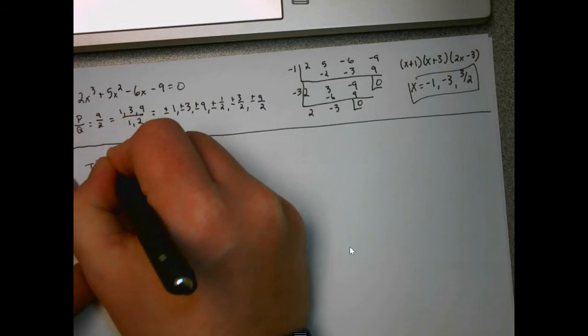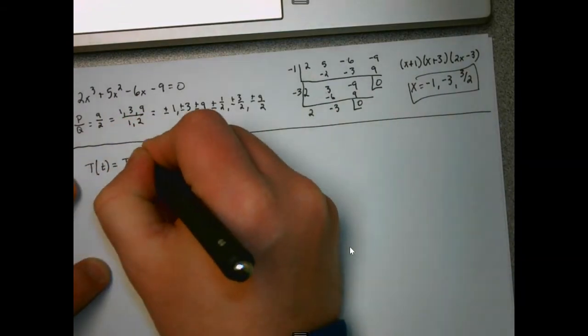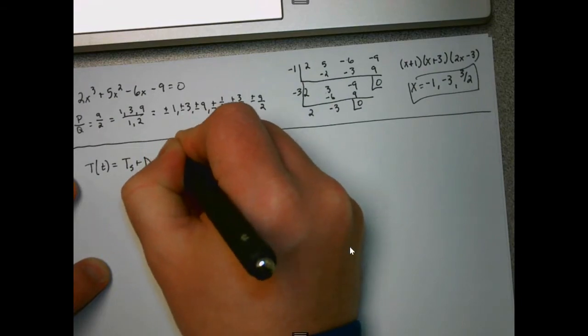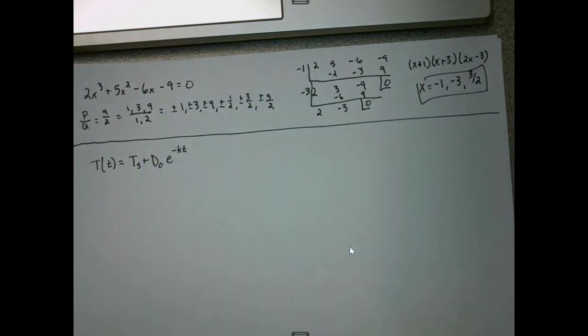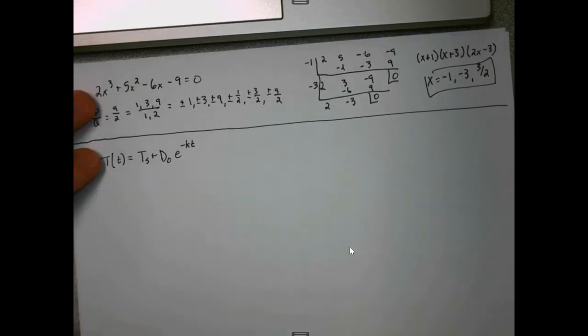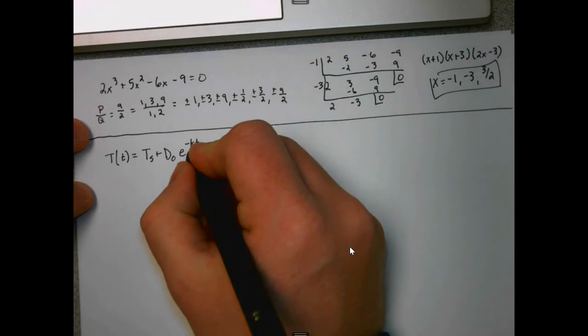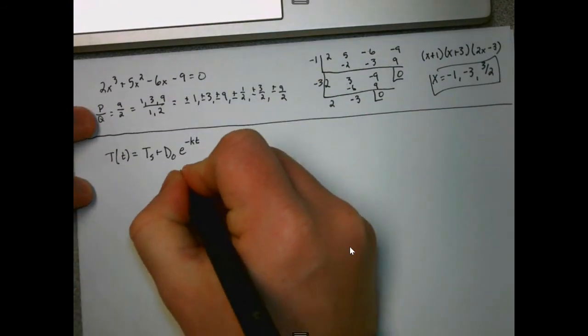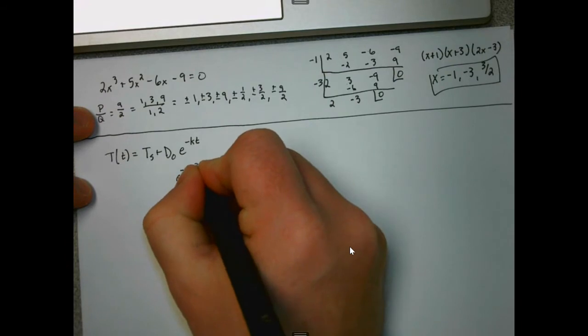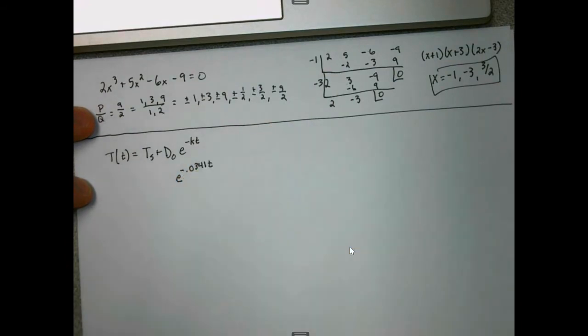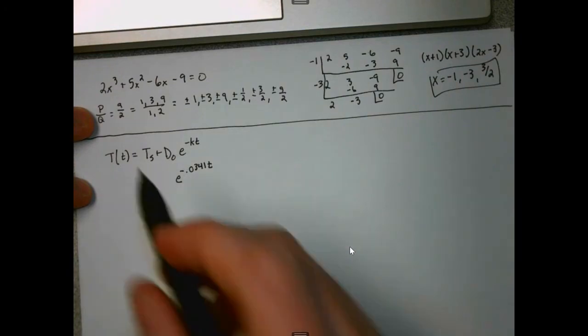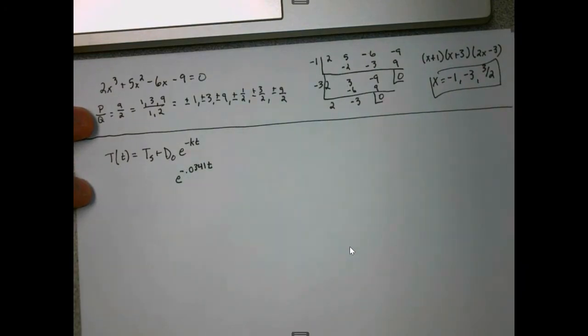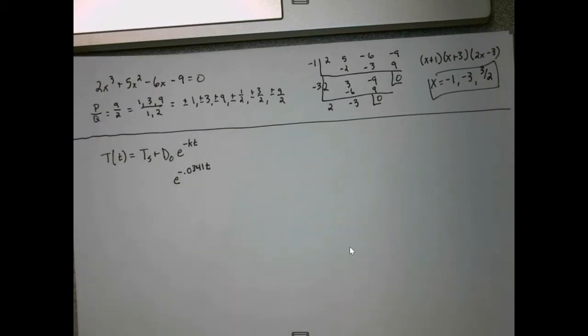T of t equals T sub S plus D naught e to the minus kt. Okay, and if we read this word problem here, it says that we're looking for the time. So that will be left alone. It gives us K. So we're going to say e to the minus 0.0341, and we don't know what t is. D naught, it says, is the difference in the initial temperature minus the surrounding temperature.